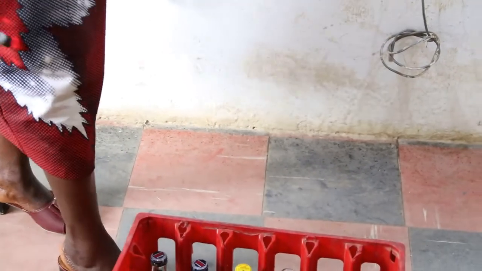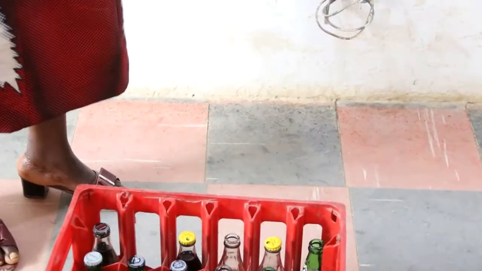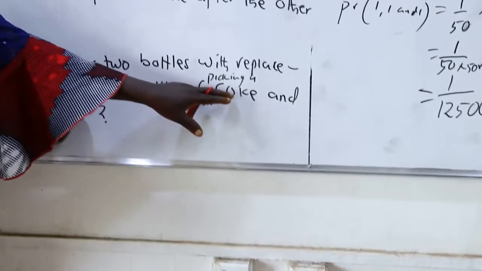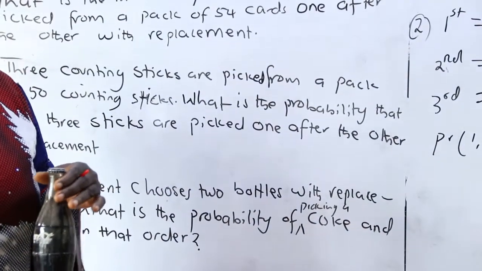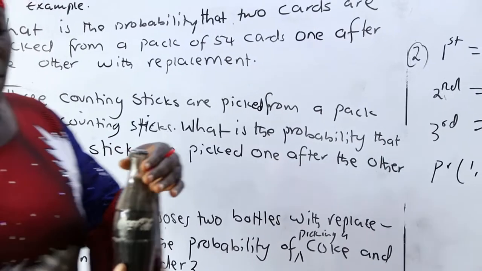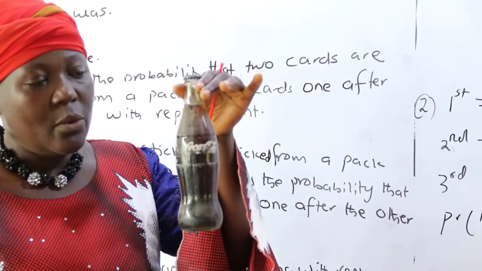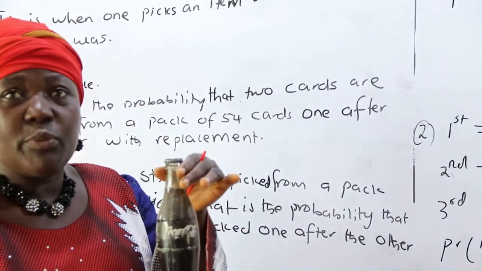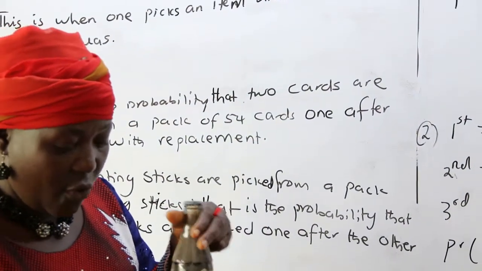So let me pick Coke. This is a Coke. Have you seen it? So, what is the probability of picking this Coke now? I've picked 1 out of the crate, so it will be 1 over 24.